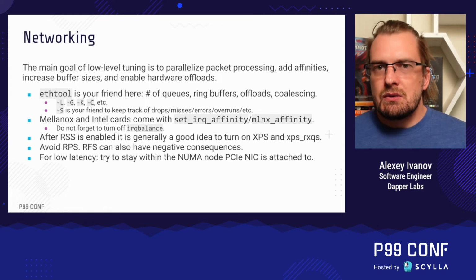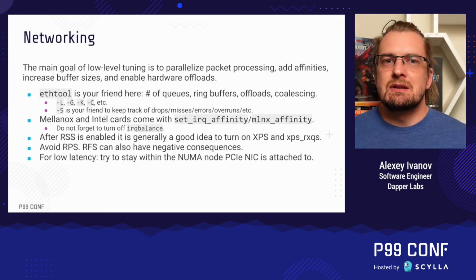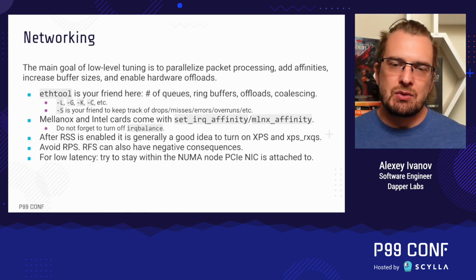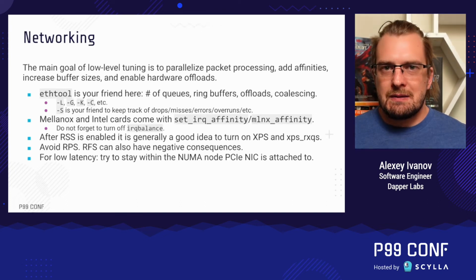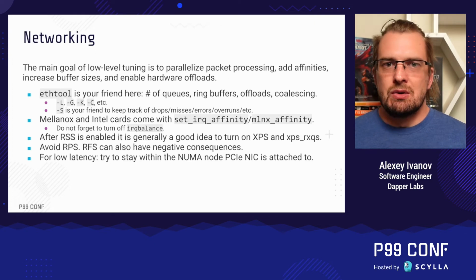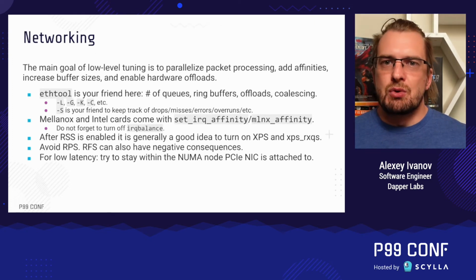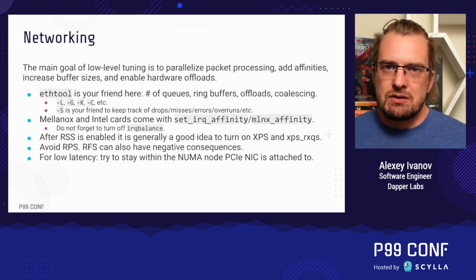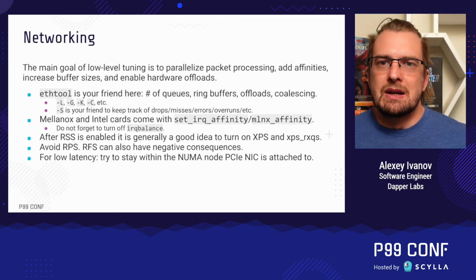One caveat though, for low latency systems, instead of spreading the data processing across all the cores in the system, you probably want to concentrate them on a single NUMA node. So whatever NUMA node your network card is connected to, use it to process the interrupts and run your application. That's the only caveat for a multi-NUMA node low latency system.